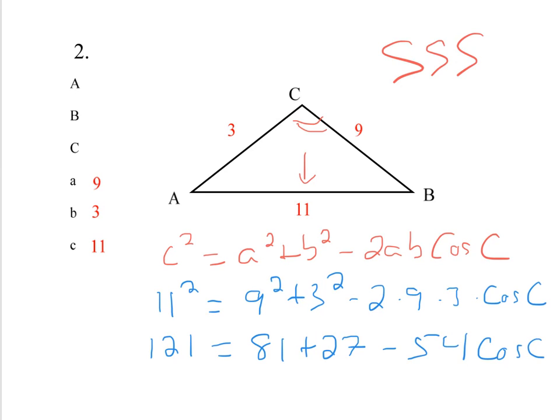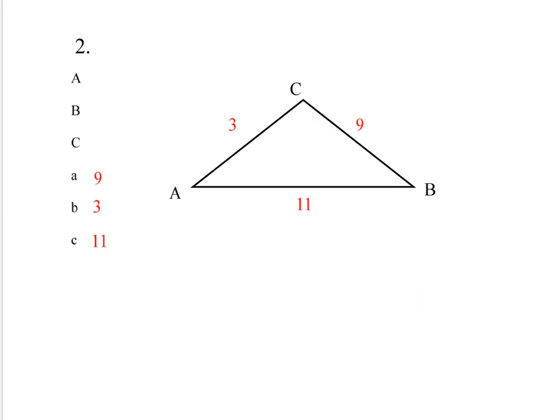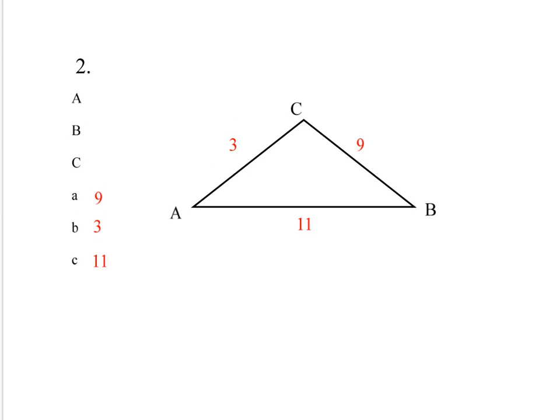It looks like 13 is equal to negative 54 cosine C. To solve this for cosine C, I'm going to divide both sides by negative 54. Let me get to a new slide here so I have some room to write. So I have 13 divided by negative 54 is equal to cosine C.